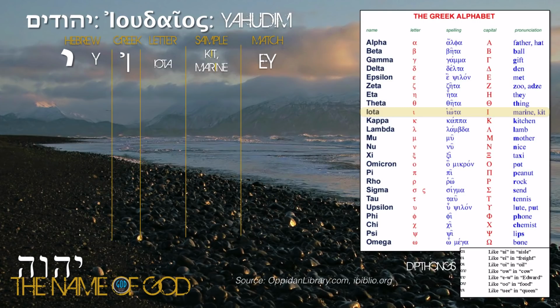To the right, our Greek language chart, including a chart at the bottom with what they call diphthongs, which are basically letter combinations. You don't need to understand that completely, but you can read the chart and you can see for yourself how this matches the Hebrew. From this chart, you can see the English word demonstrating the pronunciation, and this is helpful.